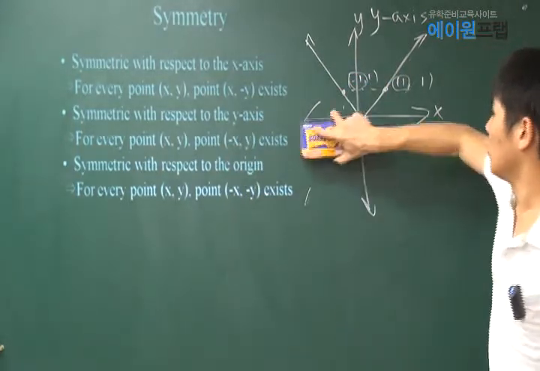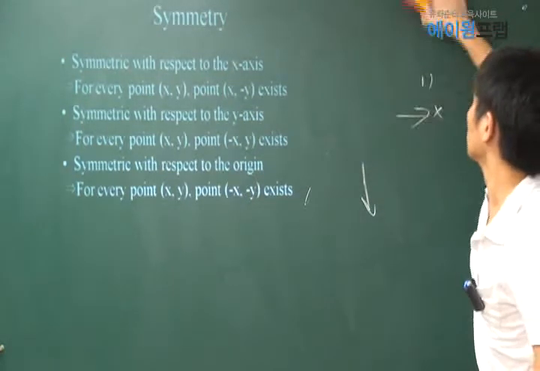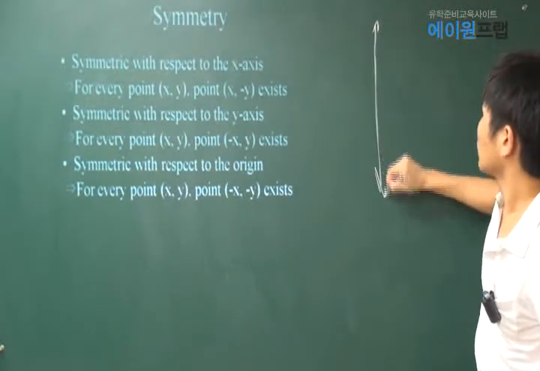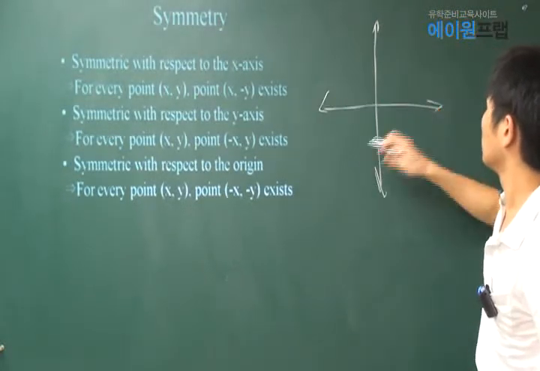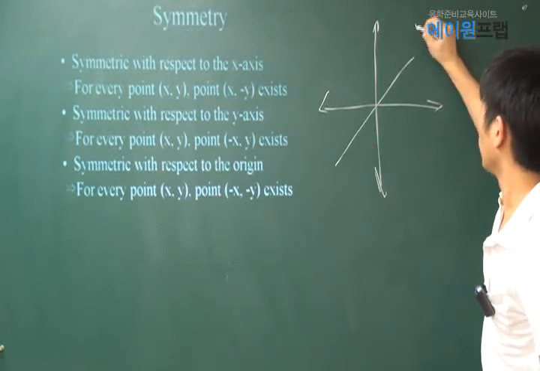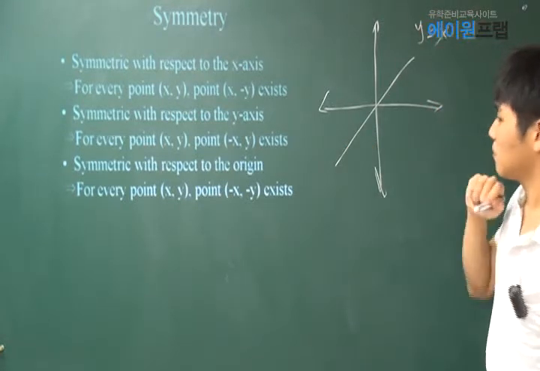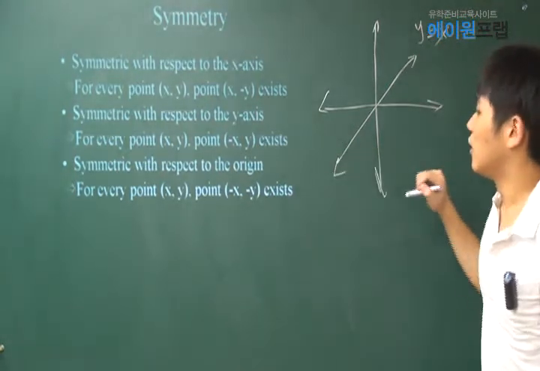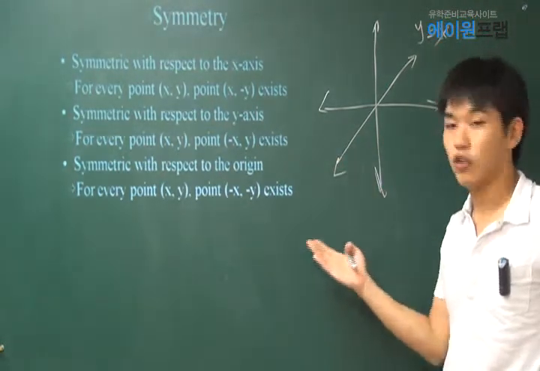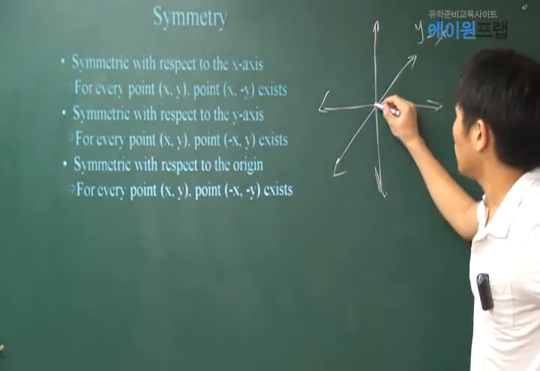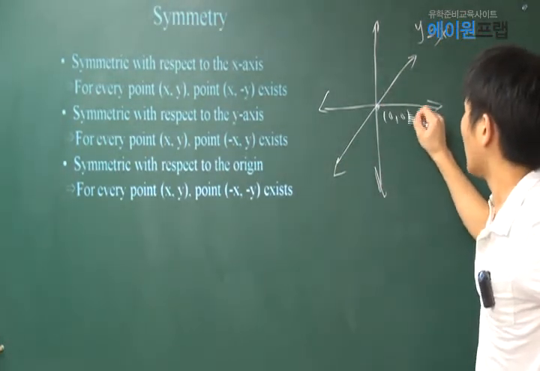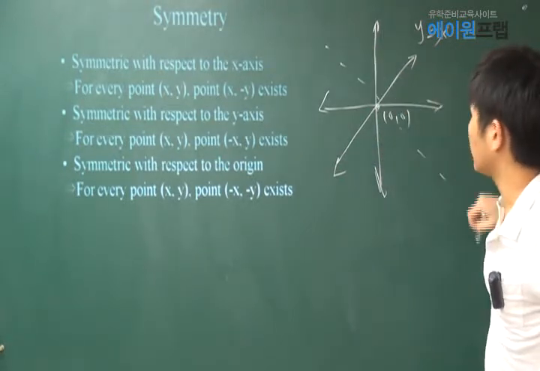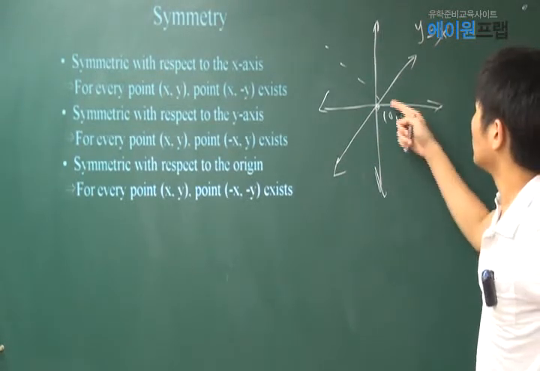So lastly, let me go on with the symmetry with respect to the origin. The easiest graph that we can do is actually y equals x. So y equals x is a graph that is symmetric with respect to the origin. Now the origin is where? Here, (0, 0). So now we're looking at (0, 0) as the point we're reflecting through.